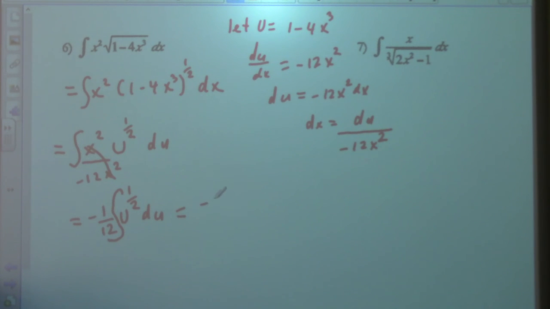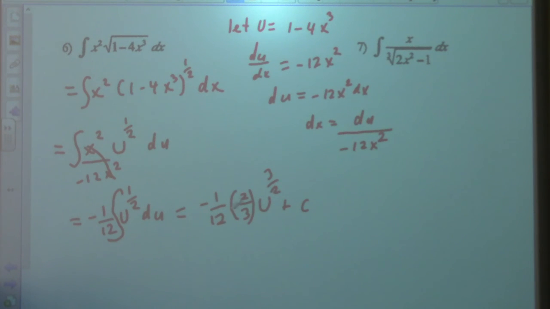So we have negative 1/12. And what's our integral of u to the 1/2? U to the 3/2, right? And it's going to be divided by 3/2, which is multiplied by 2/3, and then plus c.